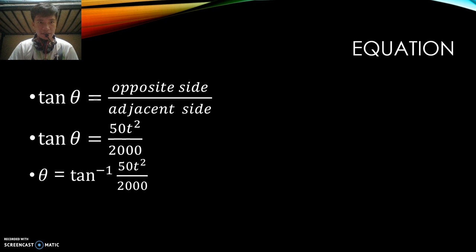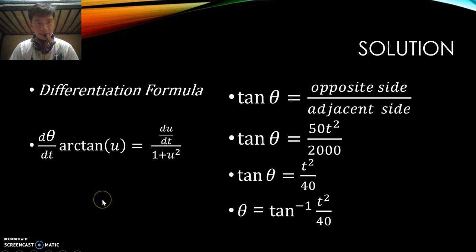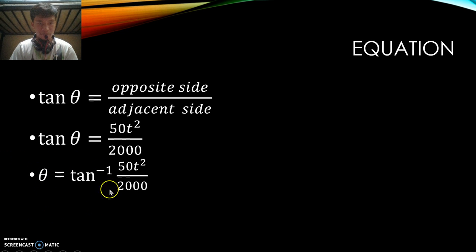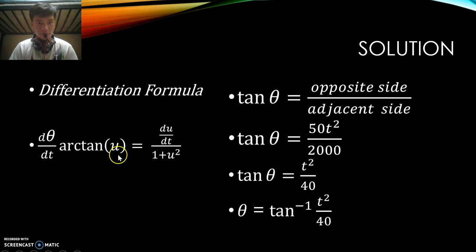Since the derivative is what we call the rate of change, we apply the derivative to both sides of the equation. Since there is an arctan here, we use this formula: the derivative of arctan u is (du/dt) over (1 + u²).